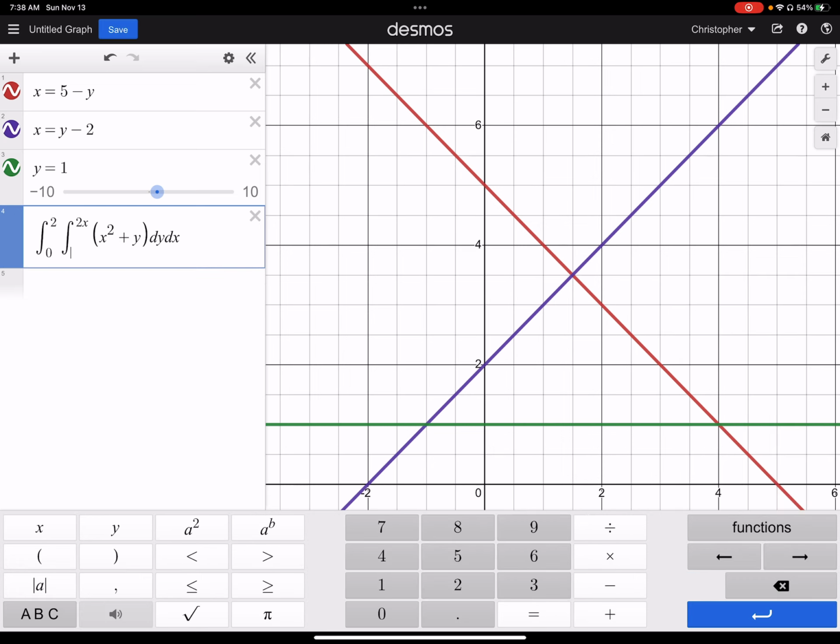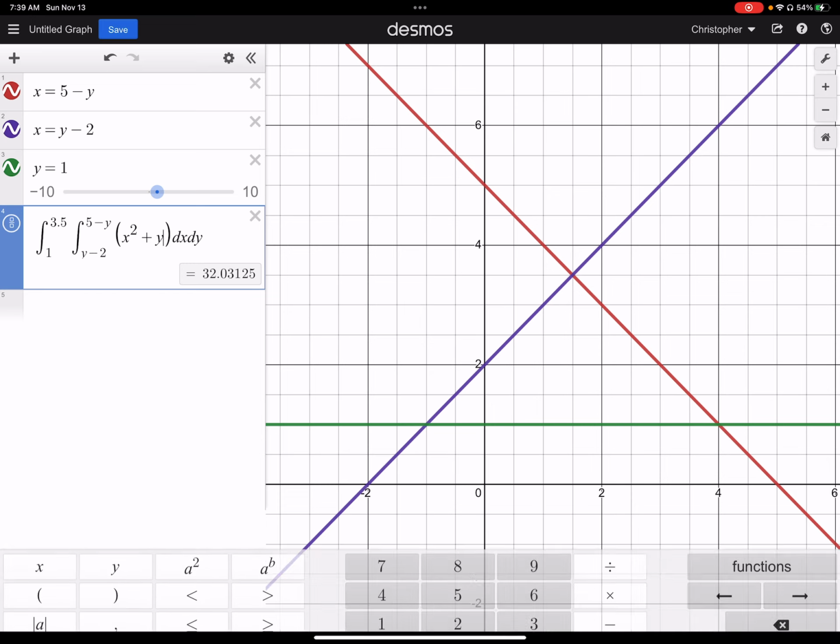So our inner limits were y minus 2 and 5 minus y, and the outer limits were from 1 to 3.5. And we need this to be dx dy, which has a decimal.